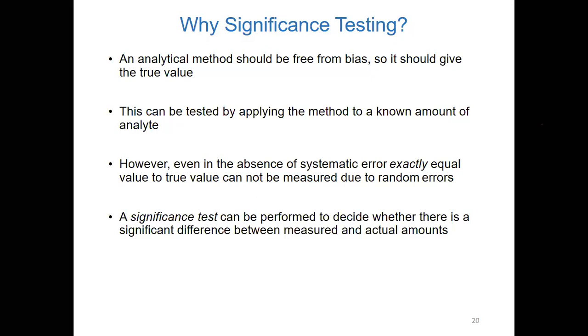Okay, so that is important. Even though there is no systematic error, we will not get a value exactly equal to the true value, because any random error is possible. However well we do the experiment, and however well we do the analysis, random errors are possible. Therefore, we will not be able to get exactly equal value.